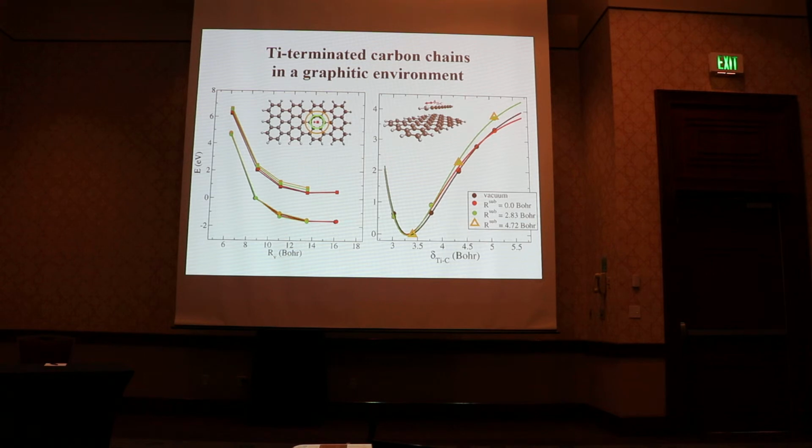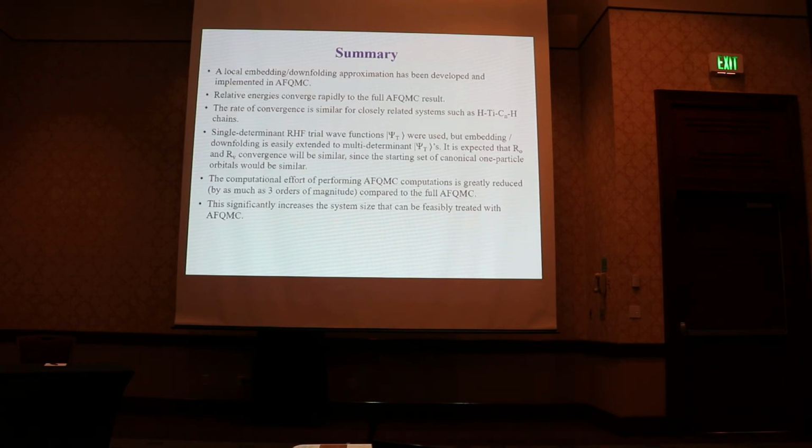The other two curves are showing our results where either we're just considering the chain in vacuum or freezing all the states in the substrate. And those are quite similar, but different from the full result in this stretched regime.